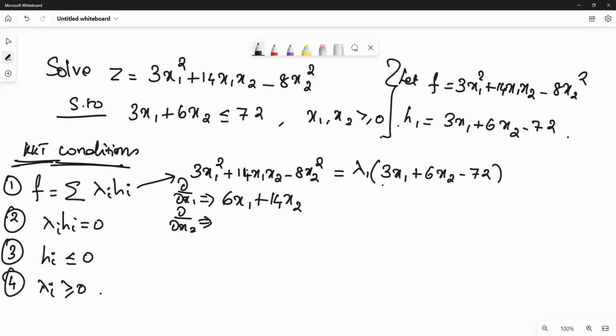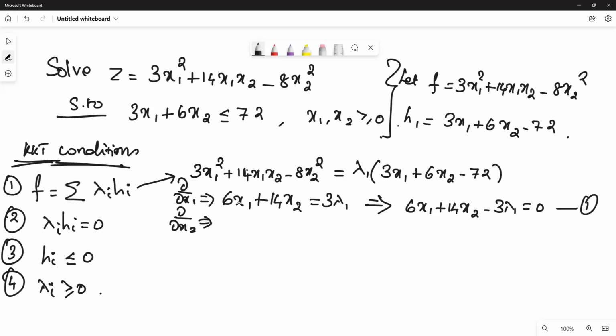The right hand side with respect to x1 is 3 lambda 1. Writing it precisely, 6x1 plus 14x2 minus 3 lambda 1 is equal to 0. Mark it as equation number 1.